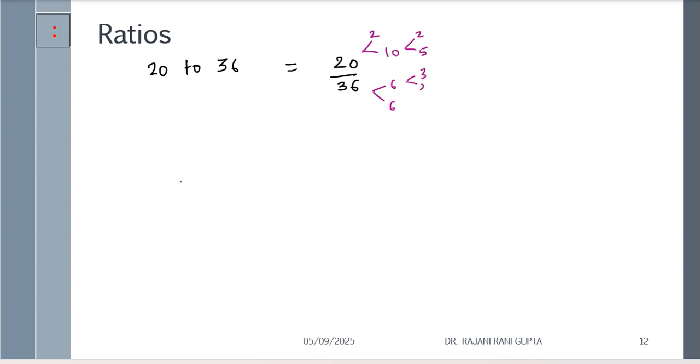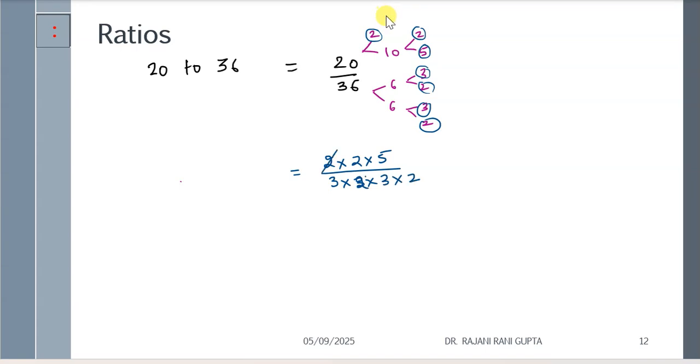Make it further 3 times 2, 3 times 2. Writing them all together, what you get? For 20, you are left with 2 times 2 times 5. And for 36, you have 3 times 2 times 3 times 2.